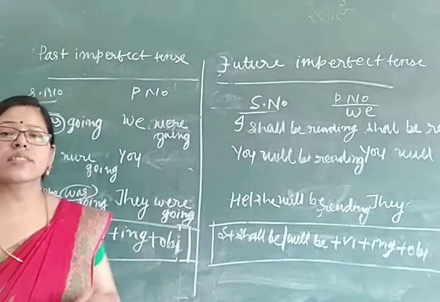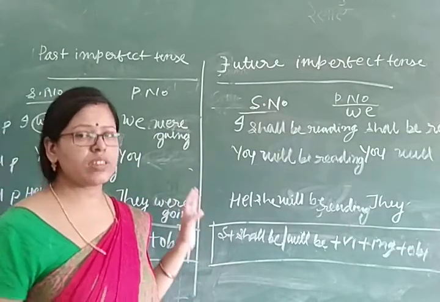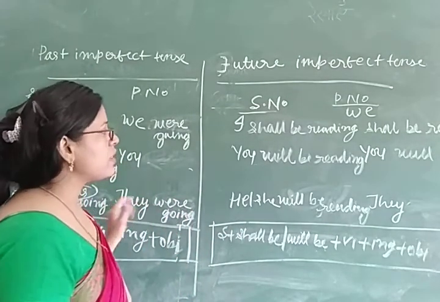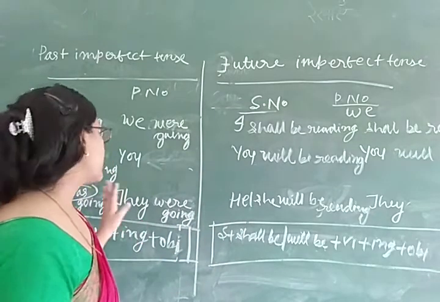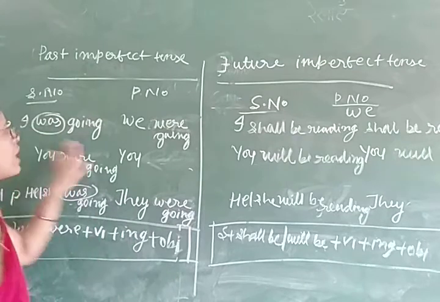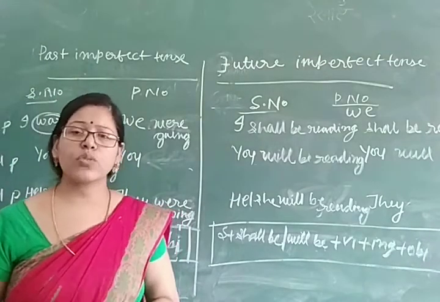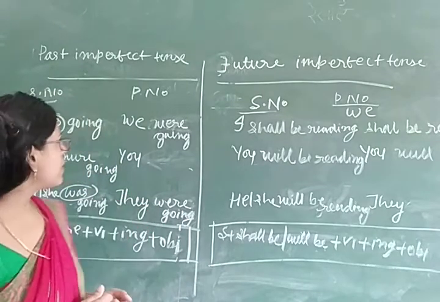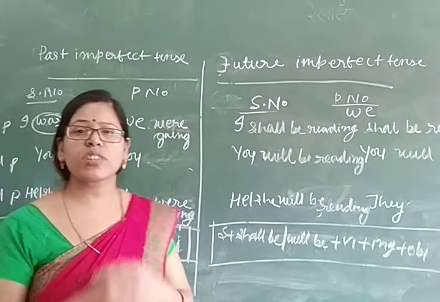Now we will compare these two tenses and try to understand the difference, and how easy it is to understand both tenses at a time. Here I have written I was going. Whenever the work was in progress, it reflects a progressive action.